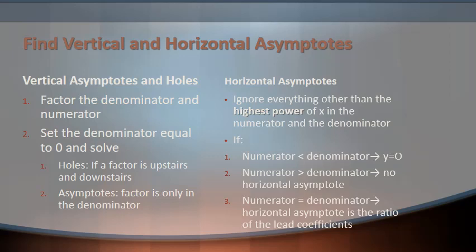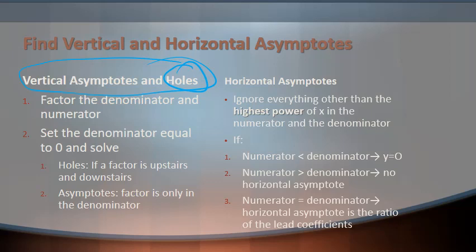So if we're going to determine the vertical asymptotes, then we are going to factor both the numerator and the denominator. Now, we're going to be thinking primarily about the denominator, but when we talk about holes, factoring that numerator can become important too.